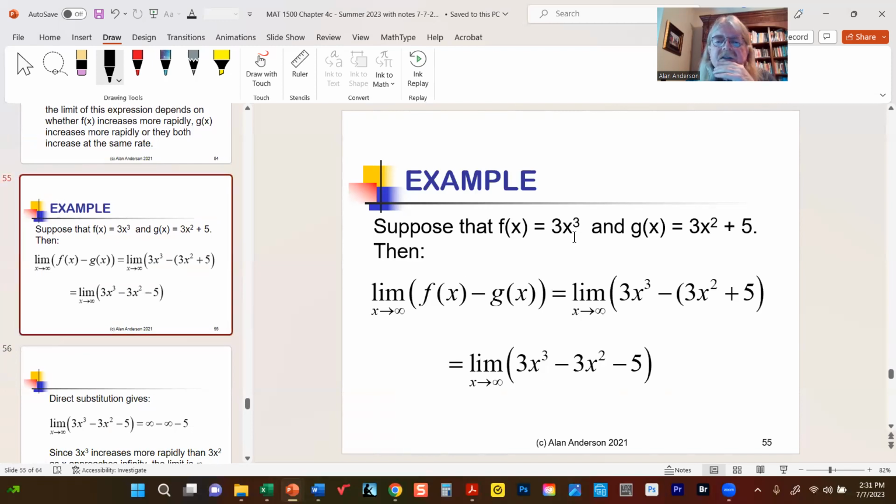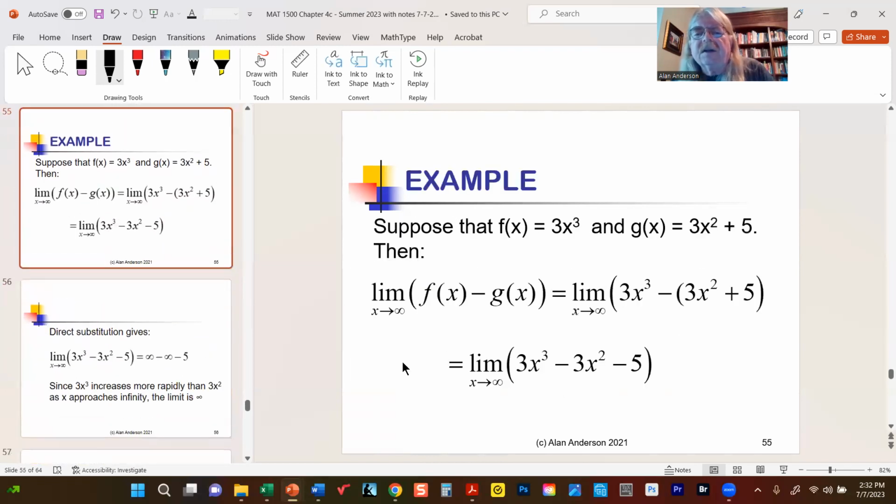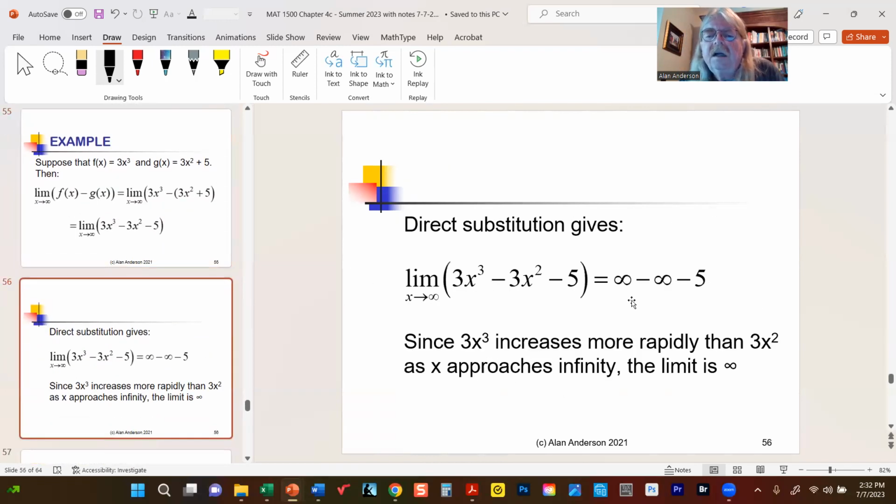So you've got f of x is 3x cubed, g of x is 3x squared plus 5. The limit of the difference is the limit as x goes to infinity of 3x cubed minus 3x squared minus 5. Now, if I directly substitute there, well, this is no good.